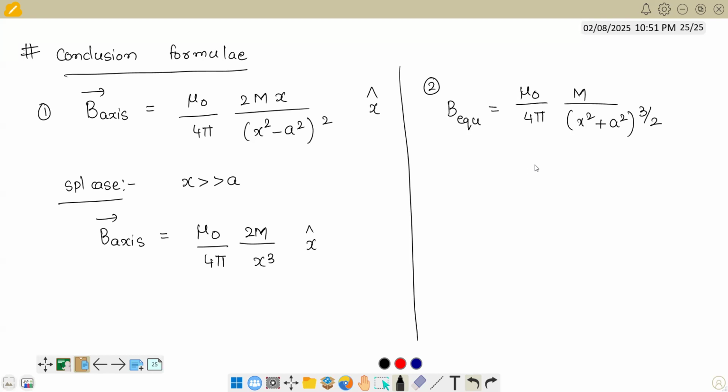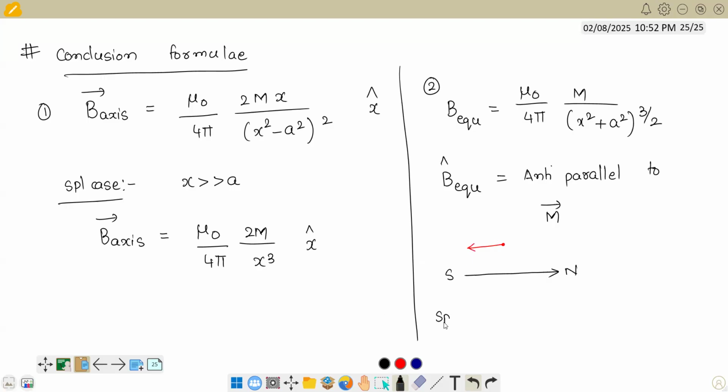This is the expression that you get, and its direction is most important. On the equatorial line, the direction is anti-parallel to m bar direction. So whatever is the magnetic dipole moment direction, it would be anti-parallel. The magnetic dipole moment direction is from south to north, so this B on the equatorial line would be from north to south. This will be the direction of B.